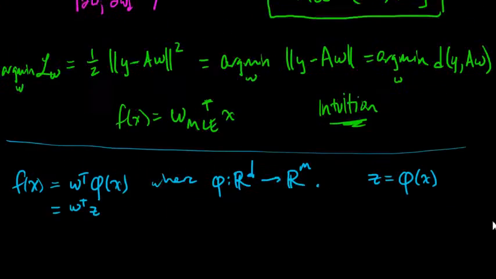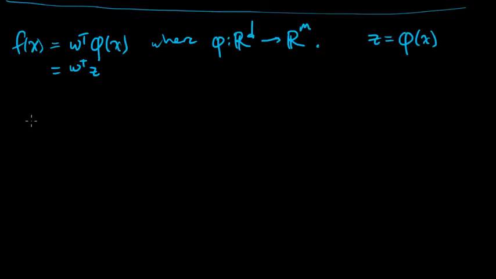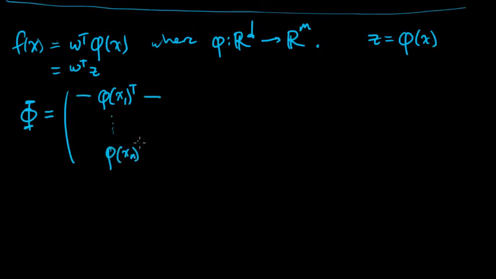So the design matrix, when we're using basis functions, let's write with a different letter. Sometimes people use a capital phi for the matrix: phi of x1 transpose, that's the first row, down to phi of xn transpose.